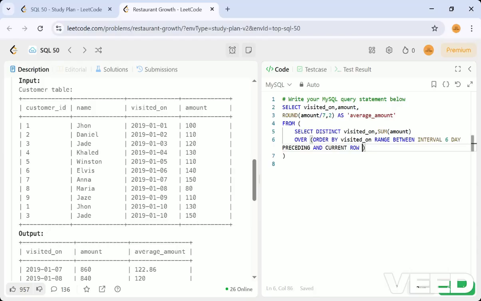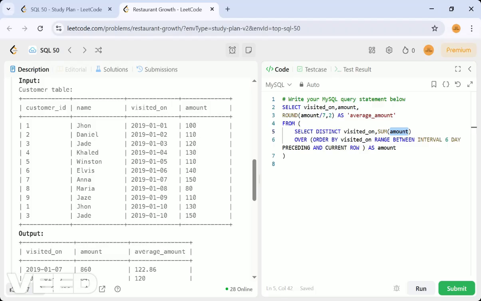If you know the partition kind of thing, this way we can understand the question. This is considered as amount. So from this amount only we are taking here. So here we are not summing up. Summing up is done based upon here. So how we are summing up the amount based upon the 6 days preceding and current row.